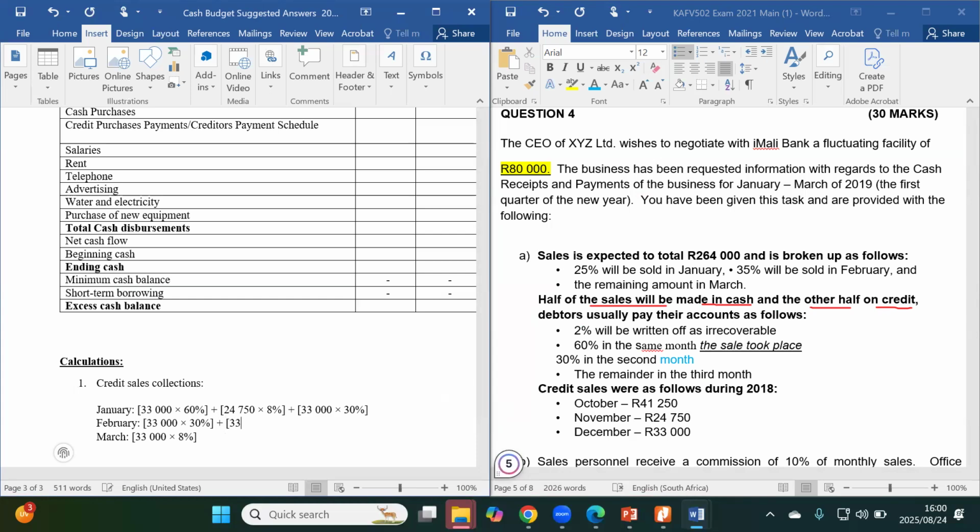So I'm going to show the 33,000, this time multiplied by 8%, representing the third or the remainder of collections.